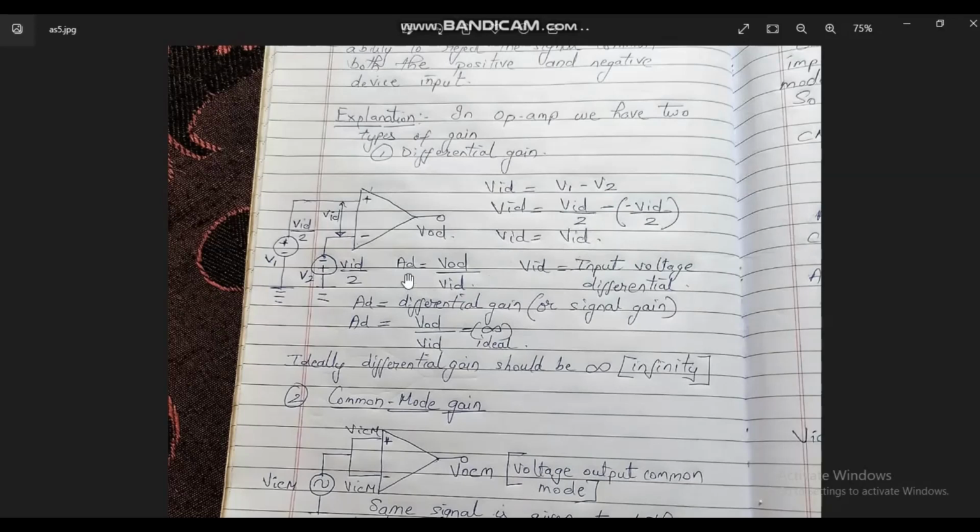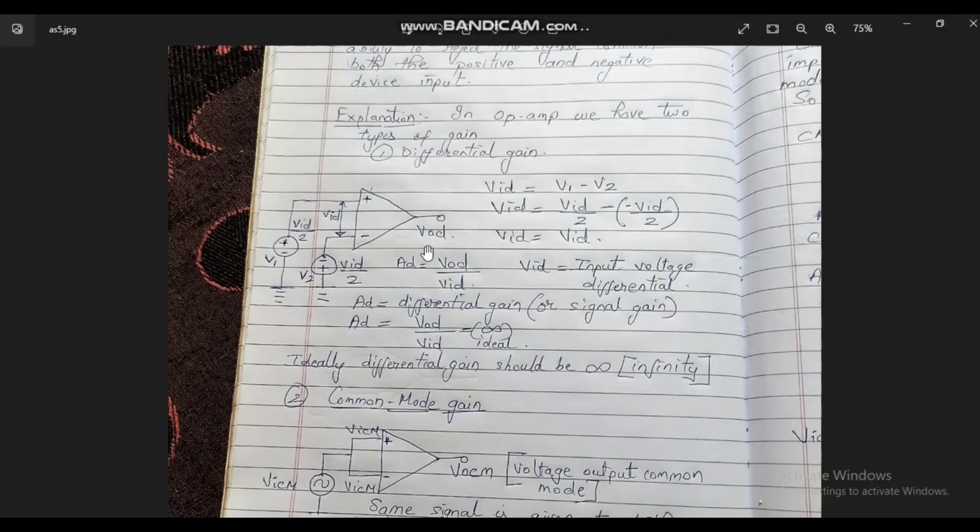Now what is AD? AD is the differential gain, which is the signal gain, and we are relevant with AD. We want AD to be nice and high, the signal gain should be more than the noise signal. AD is equal to VOD by VID, where VOD is the output differential voltage and VID is the differential input, the input voltage difference.